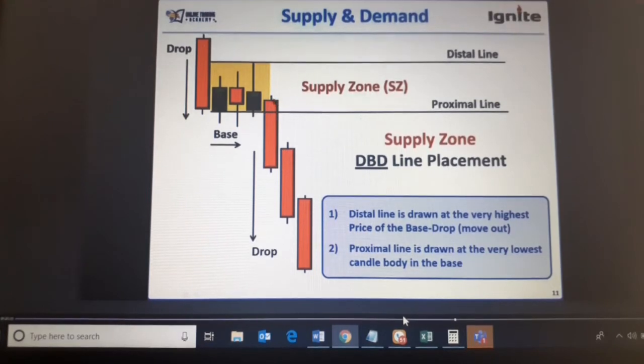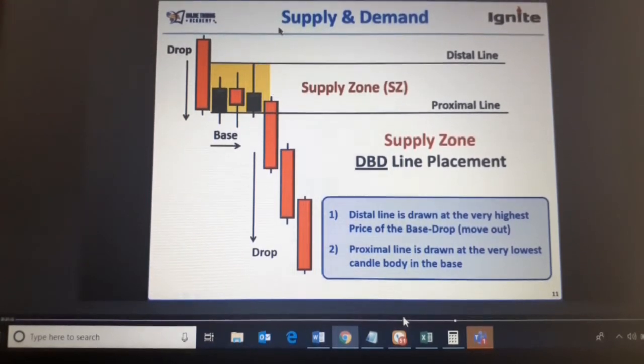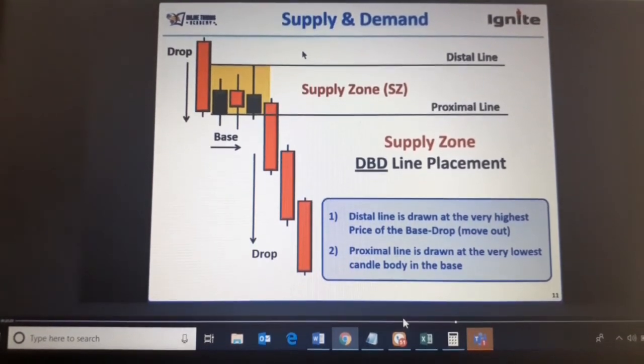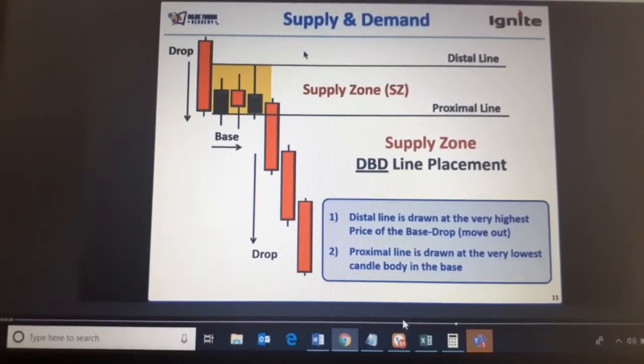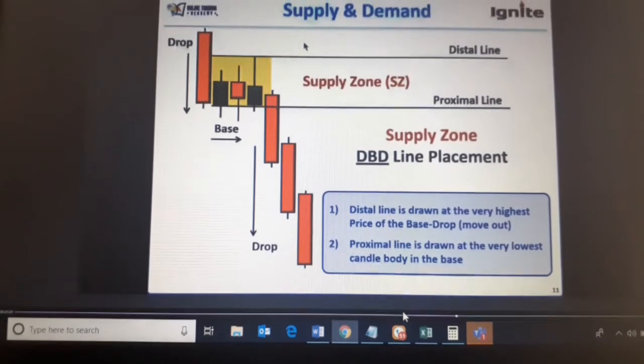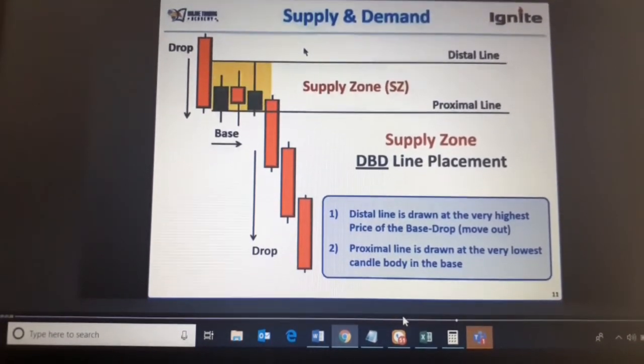If the leg out candle had a higher wick than this, then the distal line would have come over here. If you know demand zone thoroughly, then it's just the opposite of your demand zone, nothing else.